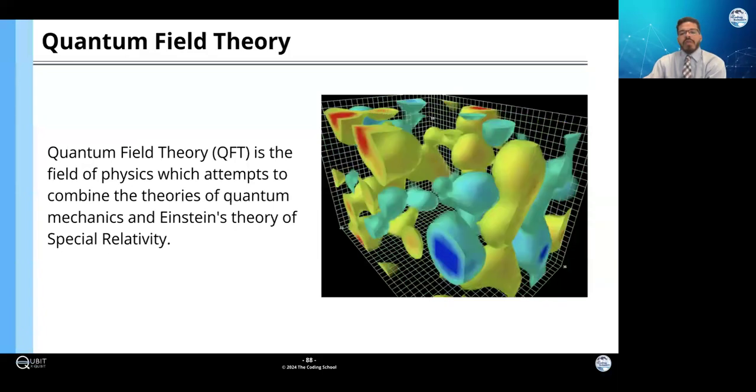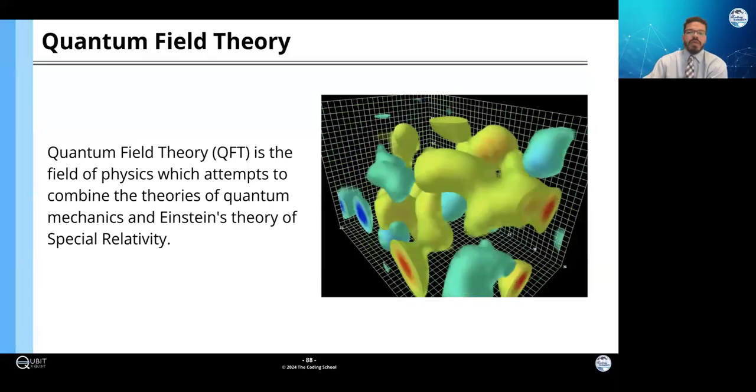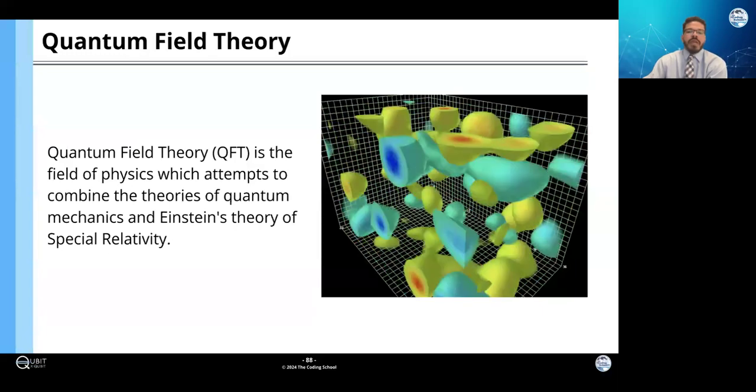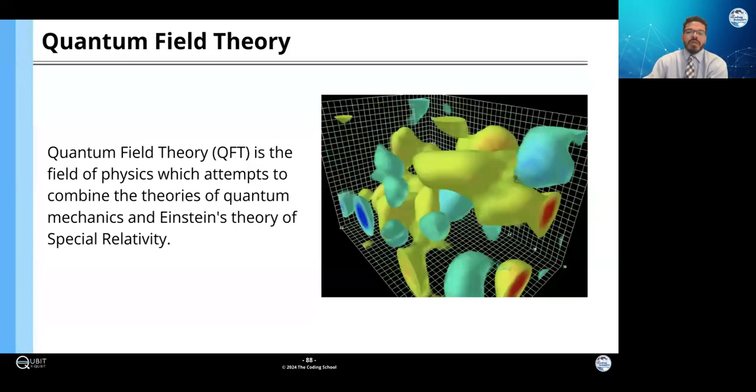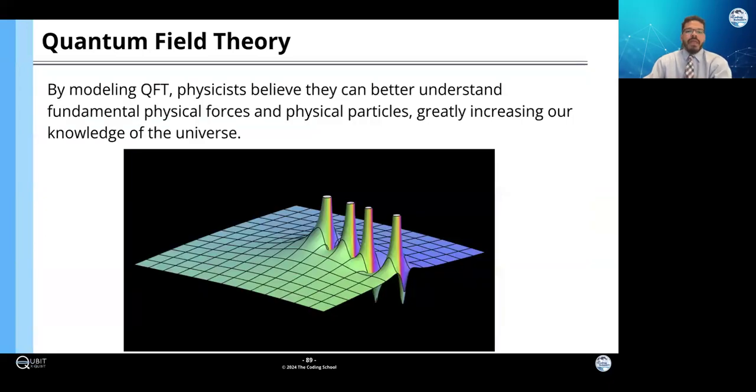The diagram you see at the right is this inherently quantum field theoretic thing that says that the vacuum, empty space, is not actually empty. It's seething with these virtual particles that pop in and out of existence. By modeling QFT, we think we can better understand fundamental physical forces and particles. QFT underlies the standard model of particle physics, which is our best theory of the universe to date.